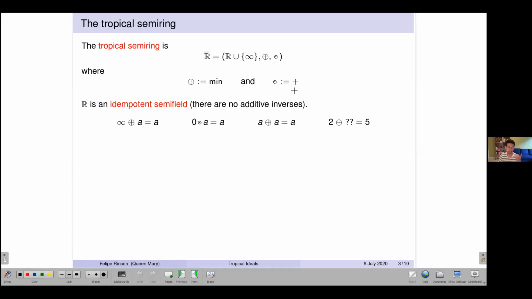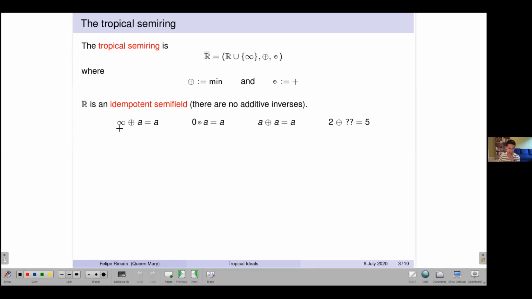So remember, the tropical numbers are an idempotent semifield, meaning that they're almost a field, and the only axiom of a field that fails is the existence of additive inverses.